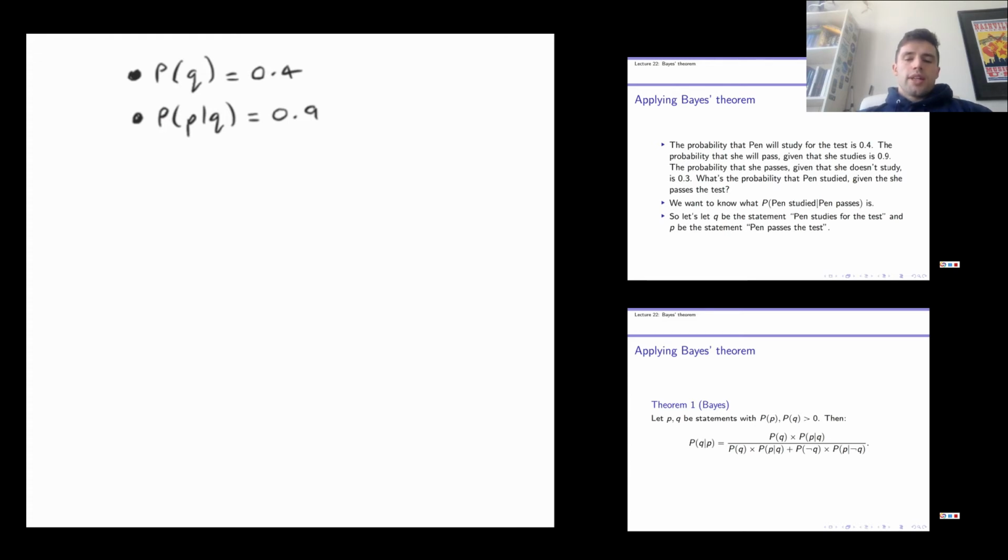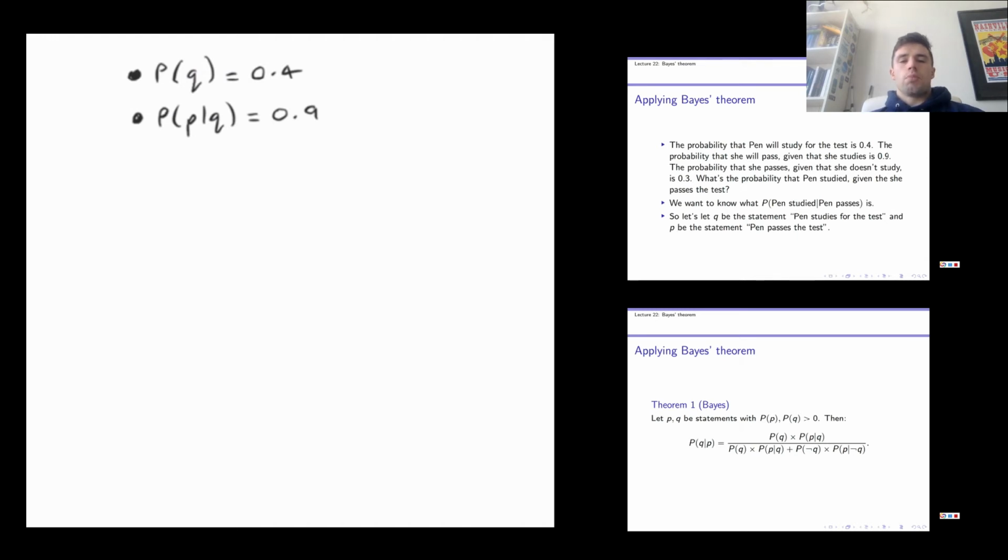Now at this point we can calculate the numerator, so let's look at the stuff in the denominator. The first pair of probabilities we need is P of Q and P of P given Q, which in our context is the probability that Pen studies and the probability that Pen passes given that she studies.